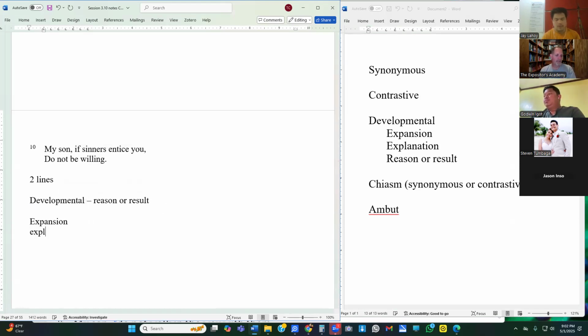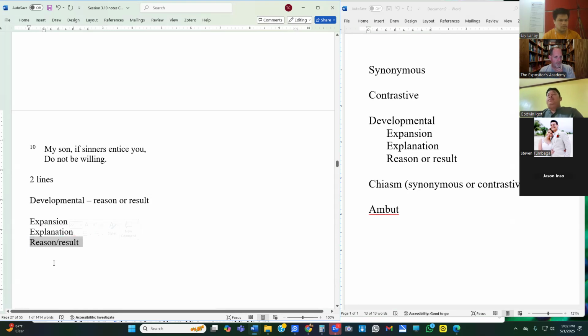Is it explanation or illustration? Or is it reason result? Right? And so Jay went with the reason result. Now, which line would be the reason or result of which line? Is the second line the reason for the first, or the first the reason for the second? What were you thinking?